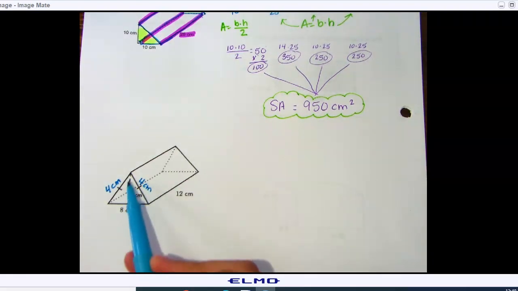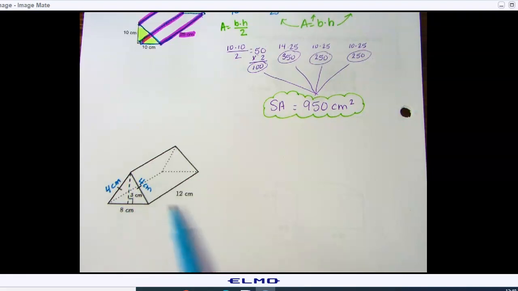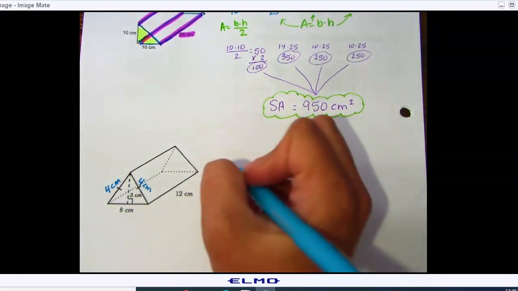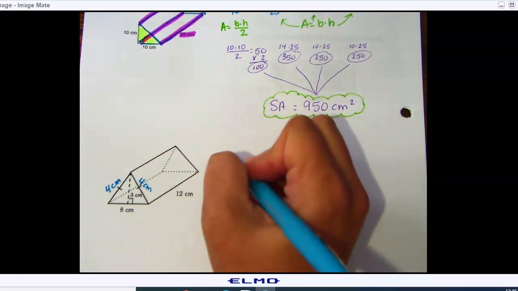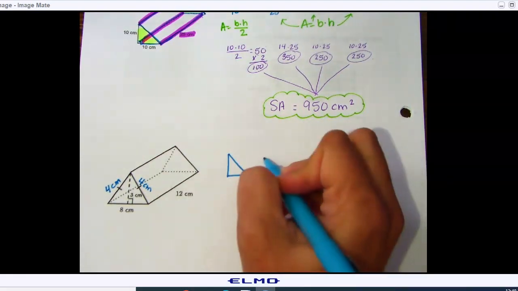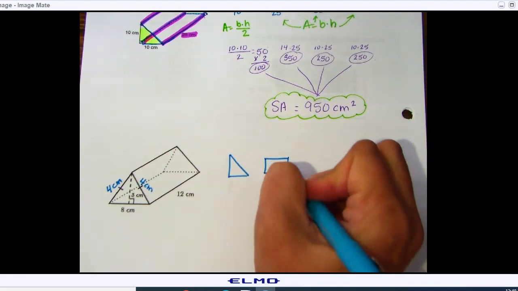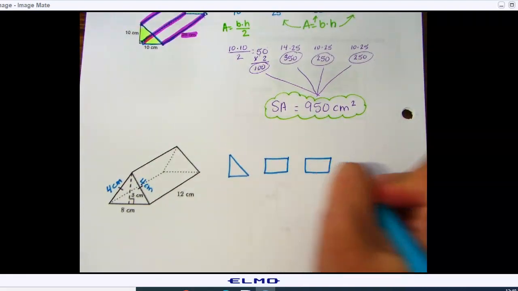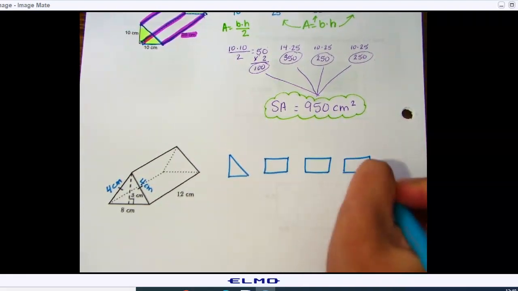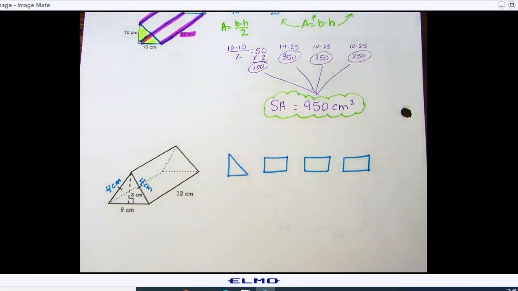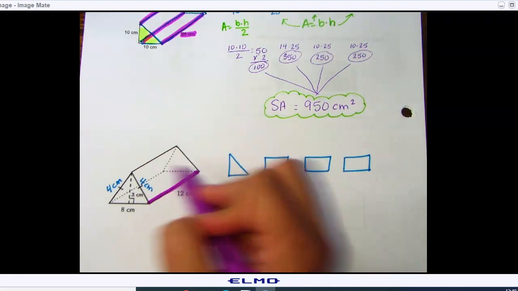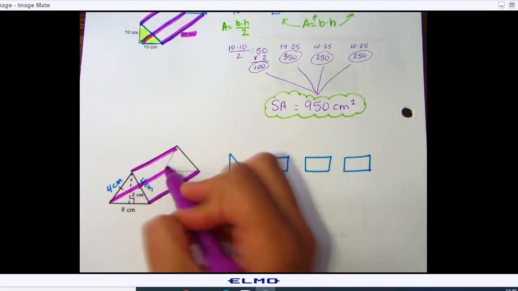You do not need the height of the triangle until you're ready to find the area of the triangle. So just like we did before, go ahead and draw one triangle and 3 rectangles. And once you've drawn that, look to see what connects those 2 triangles together.